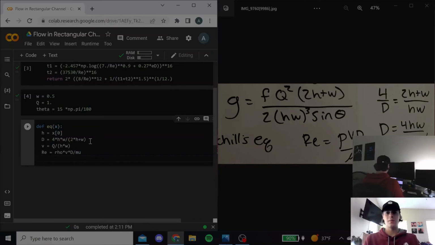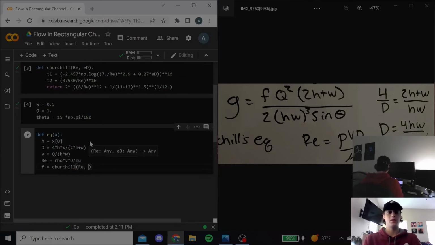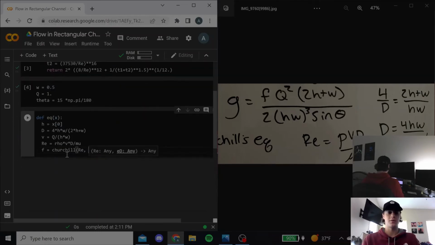Now we're ready to calculate f using Churchill's equation. We need to pass the Reynolds number, and we also need to pass the surface roughness. For this problem, I'm just going to put a very low surface roughness, 1 times 10 to the negative 6, so that we're calculating it for a pretty smooth channel.